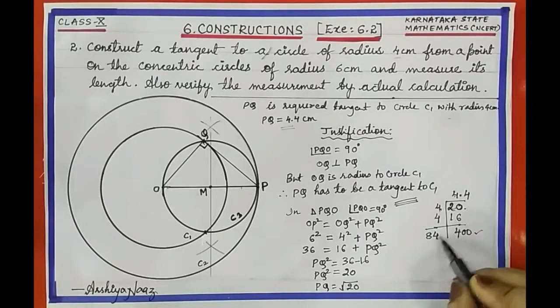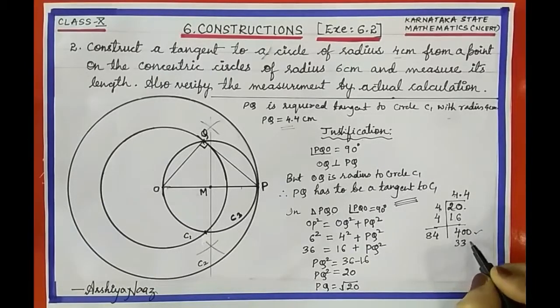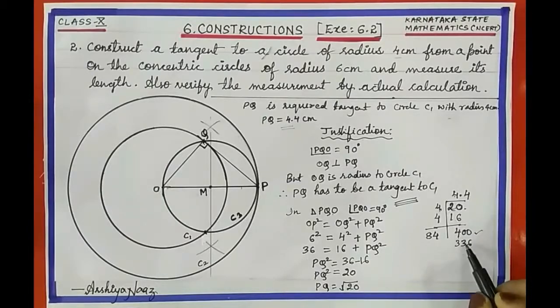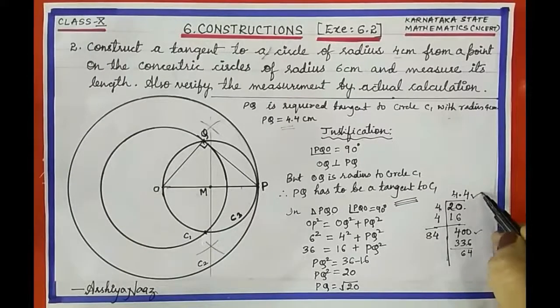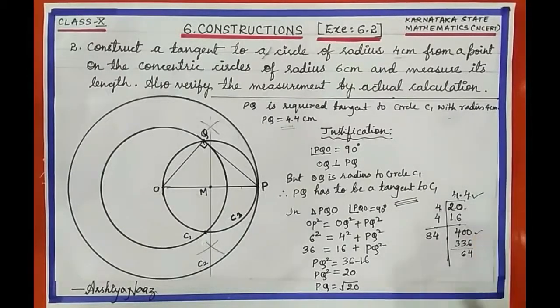So 84 into 4, I get 336, which is less than 400. If I join 5, then it will become 85. 85 into 5, we get a bigger number than 400. So we have to consider 4. 84 into 4, we get 336. Now subtract these two values. We get 64.